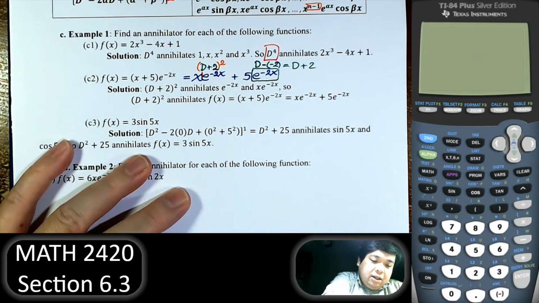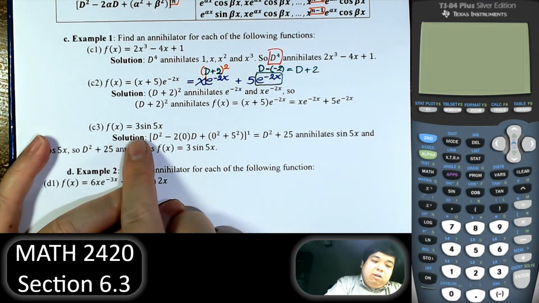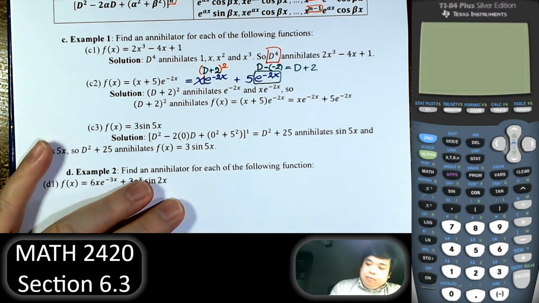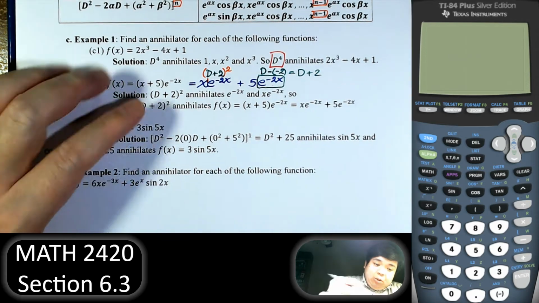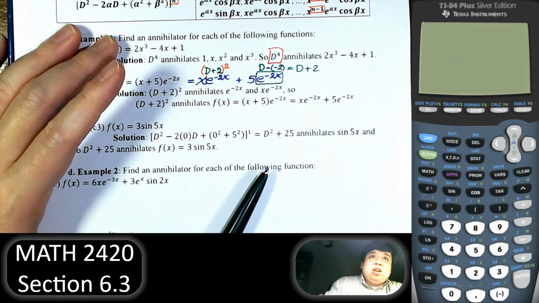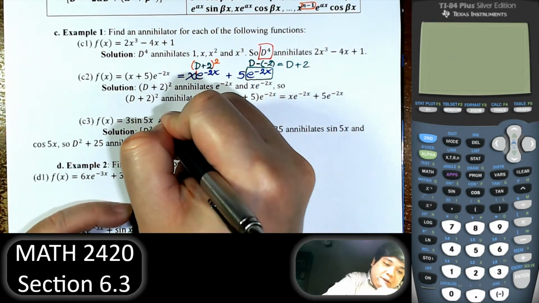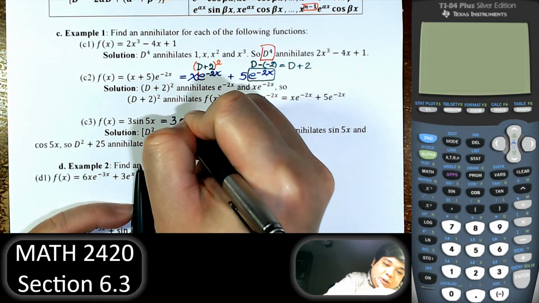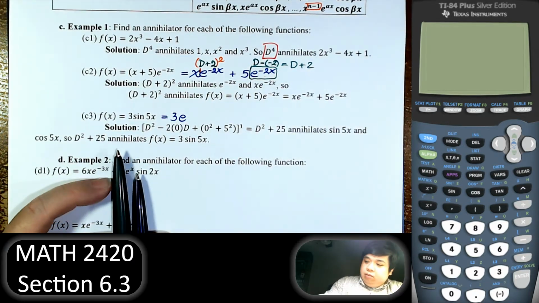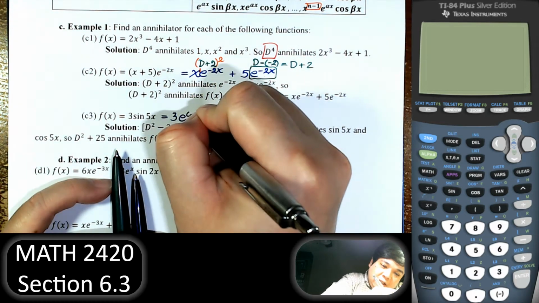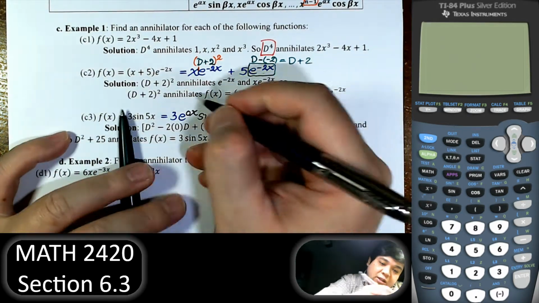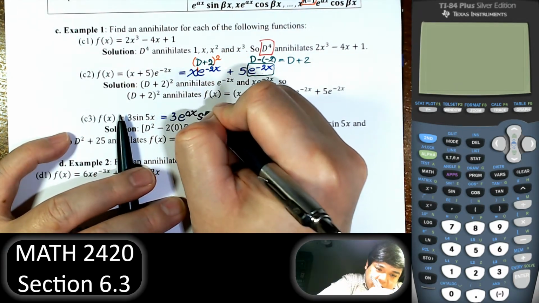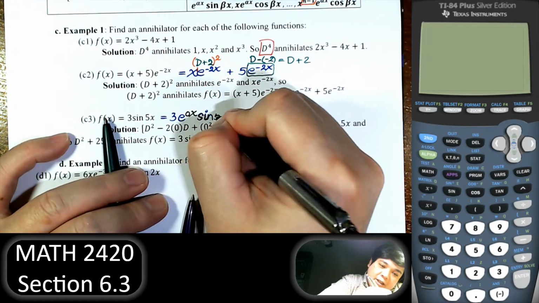Next, I'll find the annihilator of this. Instead of giving the answer in this form, I will write it as 3e^(0x) sin 5x.